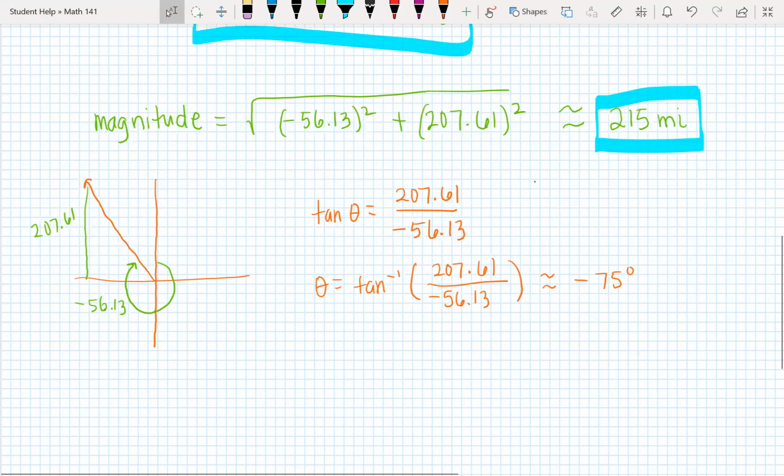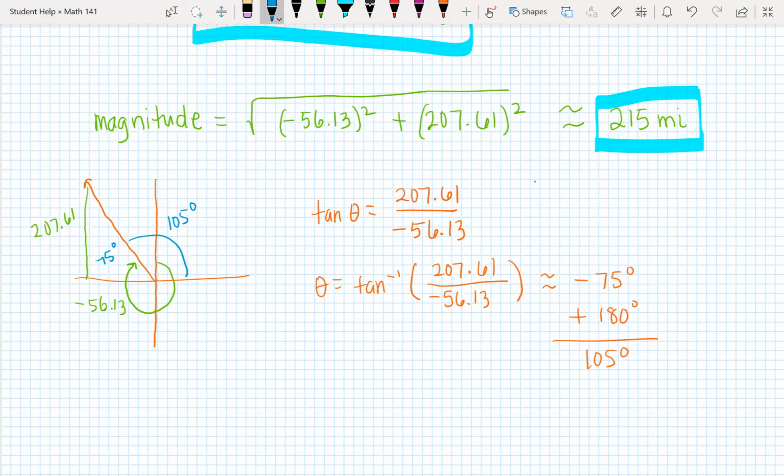So if we add 180 to bring it into the second quadrant, we'll be at 105 degrees, right? So if this is 105 degrees, then what is the green angle? That's 105. That means that this is 75.